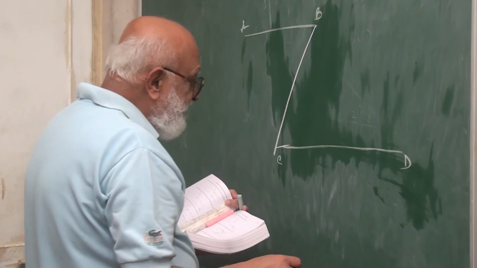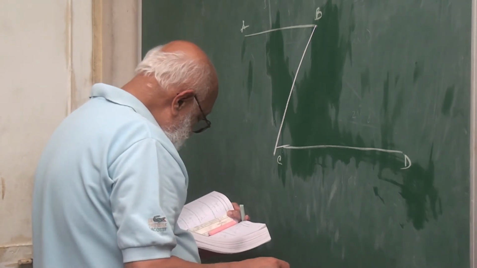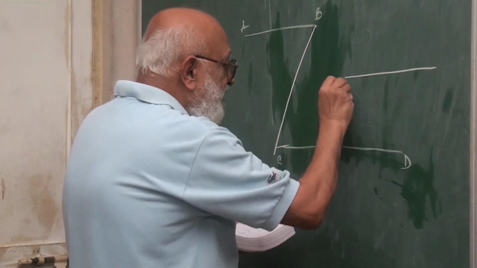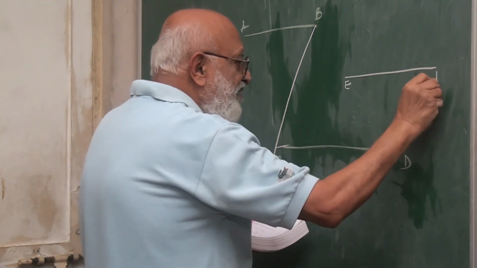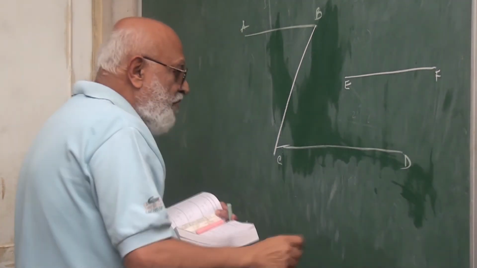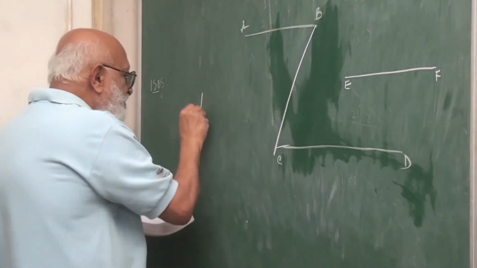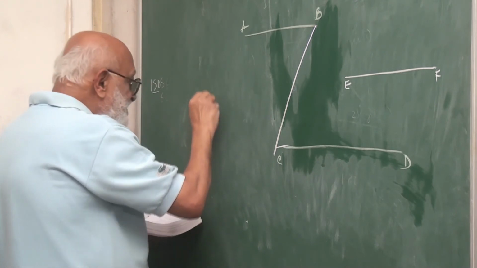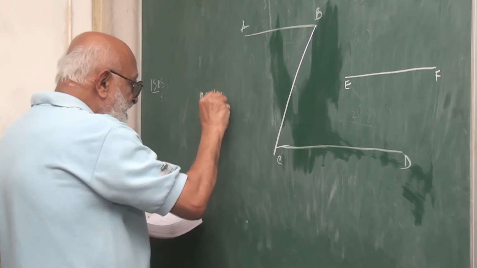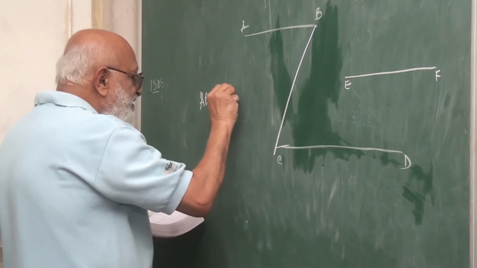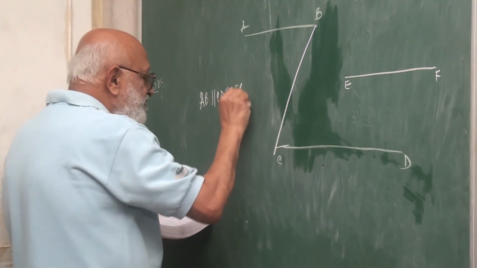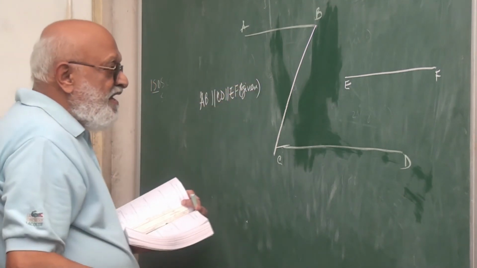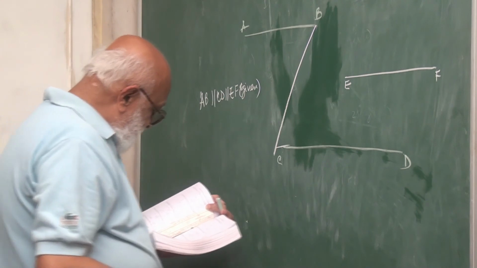Okay. Then there is another line EF. Another line EF. Given AB is parallel to CD and parallel to EF. This is given. Okay. And what is done?